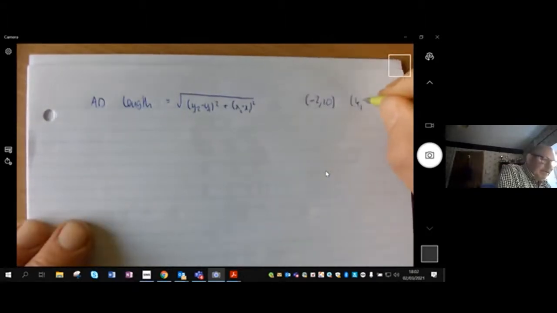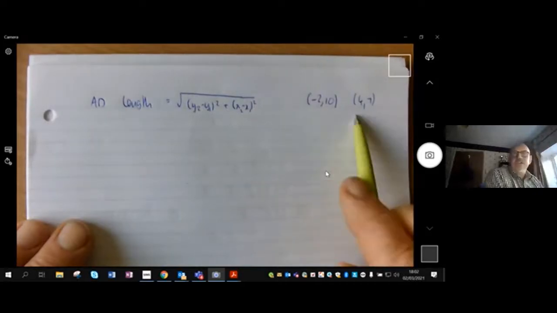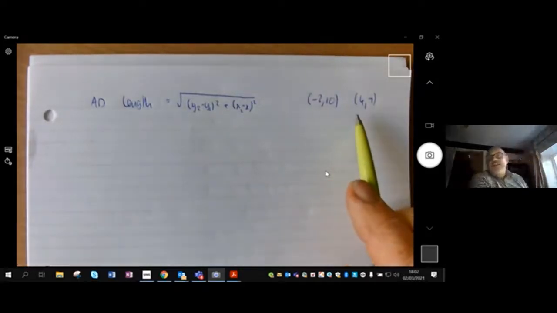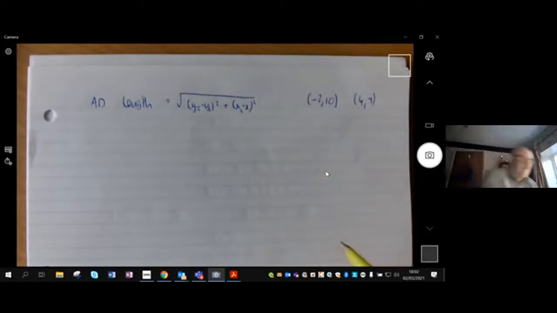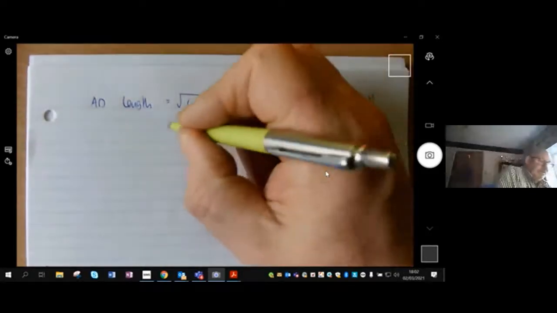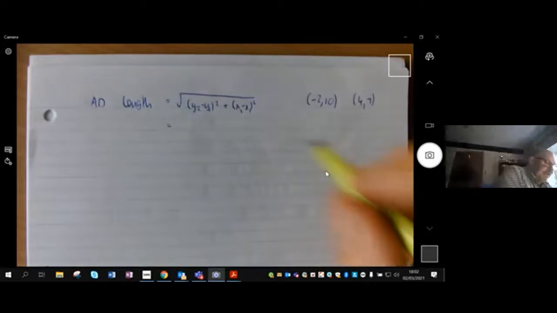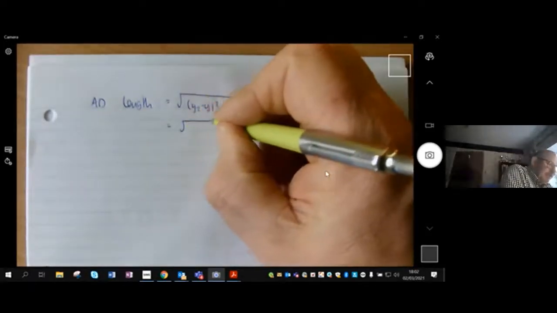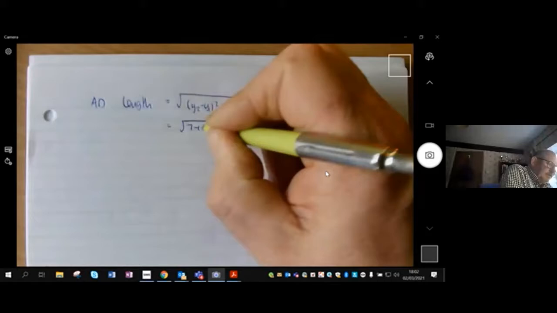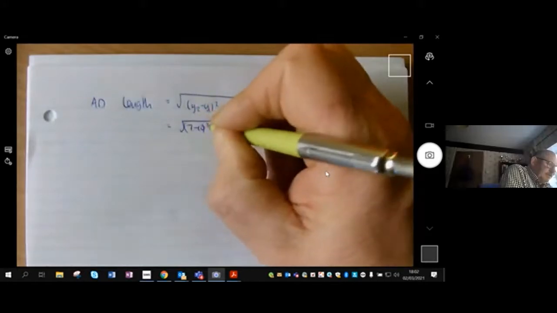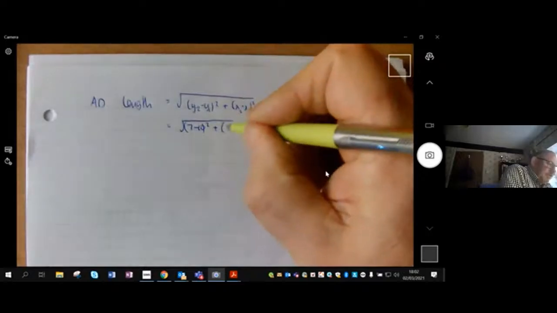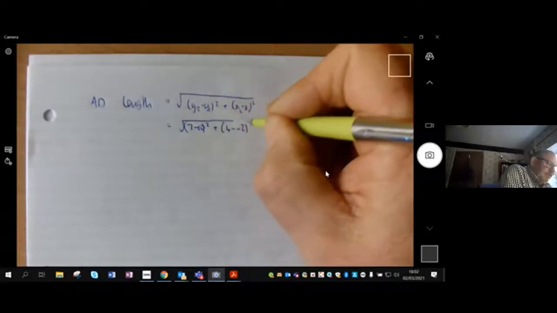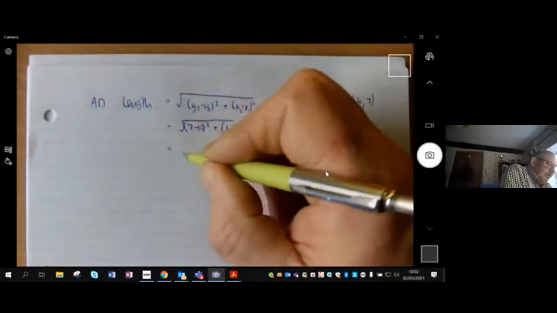Incidentally, all these numbers are actually in the question. So if you have made a mess of it somewhere, as long as you use these two numbers in the last bit, you're going to get full marks, which equals 7 minus 10 all squared plus 4 minus 2 all squared.